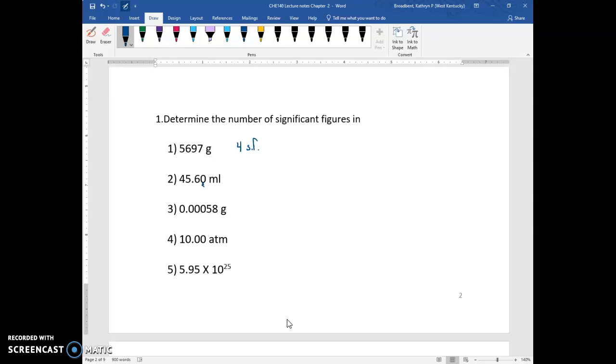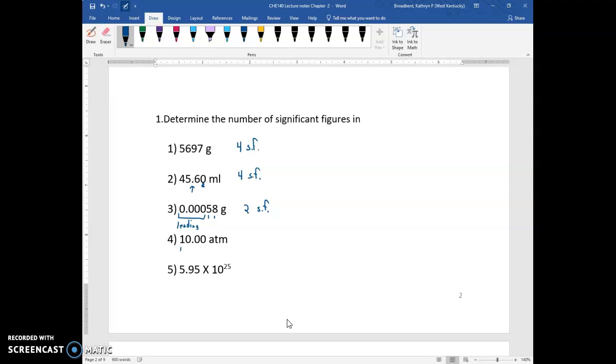It has a 0 here at the end, but there's a decimal, and a 0 with a decimal at the end is significant, so that's also 4 significant figures. All right, the 5 is definitely significant. The 8 is definitely significant. We have these 4 leading zeros that are out in front, and they will not be significant. Leading zeros are never significant. So this number has 2 significant figures.